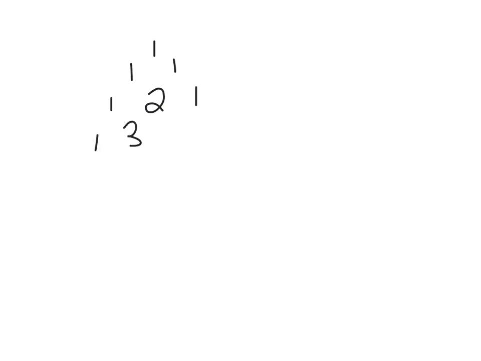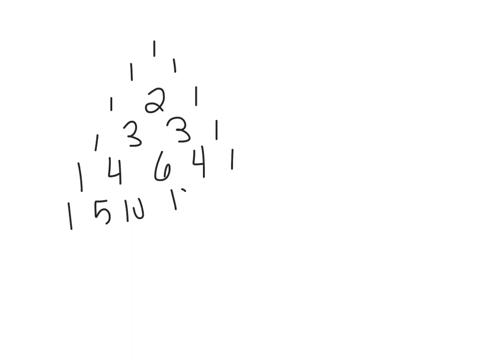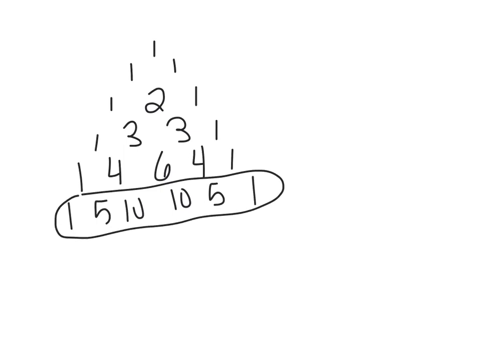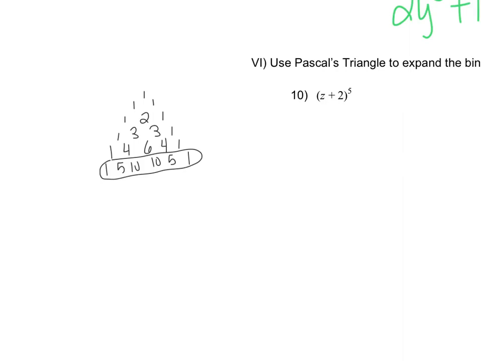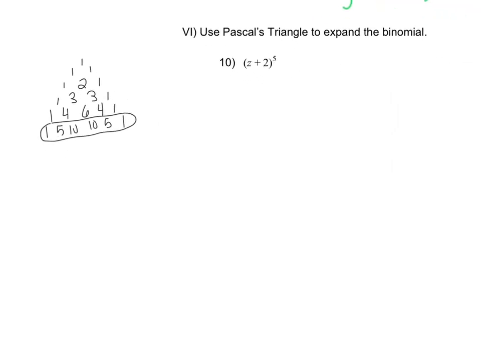1, 3, 3, 1, 1, 4, 6, 4, 1, 1, 5, 10, 10, 5, 1. Since fifth power is where I'm going, I can stop here. So now I know my coefficients. So I'm going to come back over here, and I'm going to put my coefficients down.